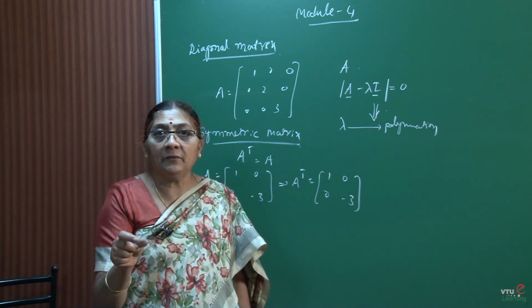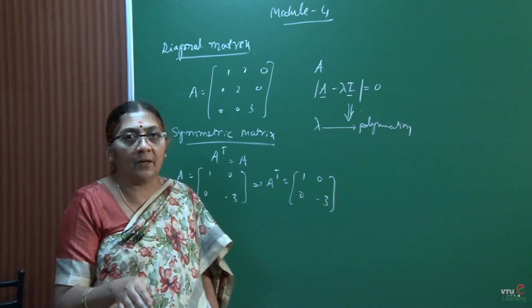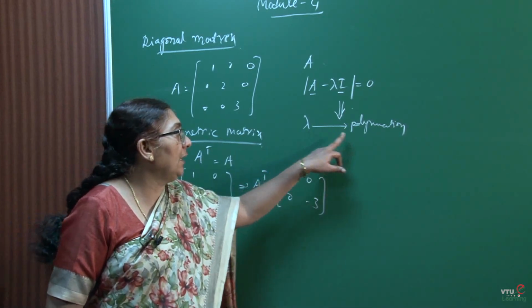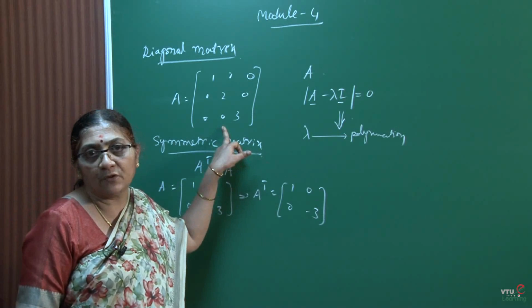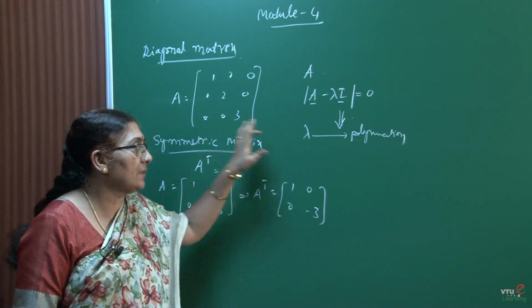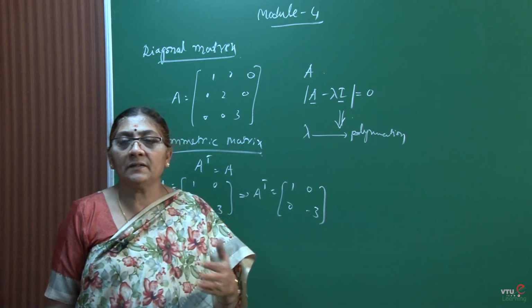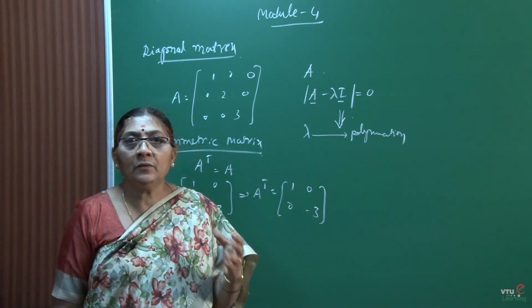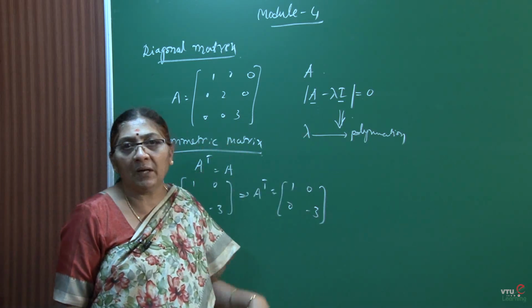The degree of the polynomial depends upon the order of the matrix. Suppose it's a 3 cross 3 matrix. After you evaluate the determinant of A minus lambda I, we get a polynomial of degree 3. Therefore, the polynomial degree is equal to the order of the given matrix.